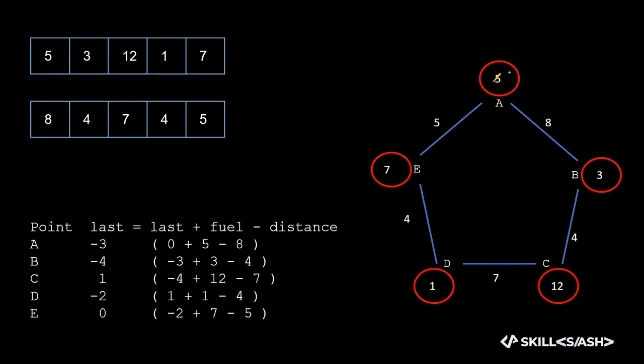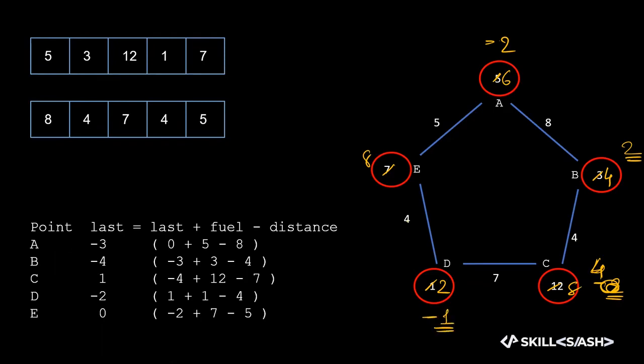Okay, so now we have 6 liters of petrol, we have 4 liters of petrol, we have 8 liters of petrol, we have 2, and we have 8. Okay, so 6 minus 8, minus 2, minus 2 plus 4, 2 liters of petrol we have. 2 minus 4, minus 2, minus 2 plus 8, 4 liters of petrol. 4 minus 7, minus 3, minus 3 plus 2, minus 1 liter I have.